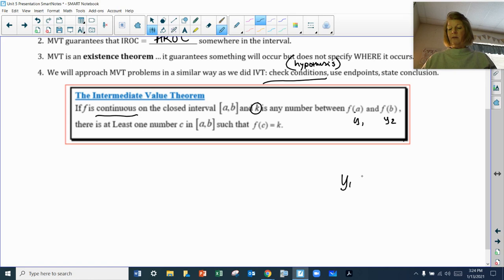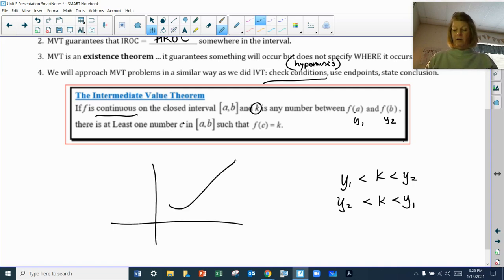And we talked about this betweenness idea because it could be one way or the other. I don't know which is larger, y1 or y2. It could be either way, but k sits between them. There's at least one number c in a to b such that when I plug c into my function, I get out k. And that's the intermediate value theorem.